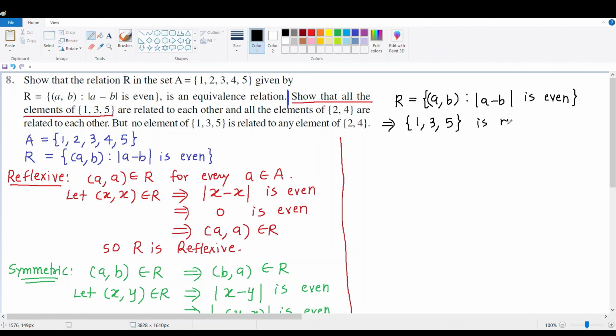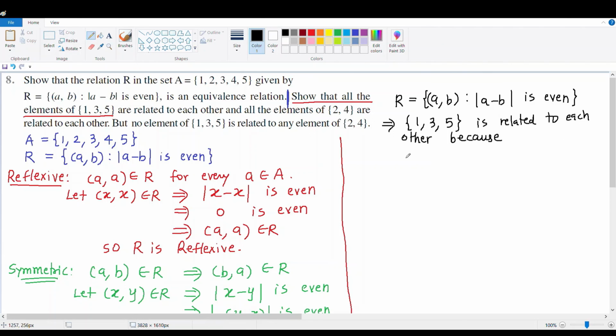And why is it related to each other? Because of the difference of odd, see 1, 3, 5 all are odd numbers. So the difference of 3 and 1, or difference of 5 and 3, or difference of 5 and 1, or even the other way around, because we are given the absolute sign. So the other way around, they are all going to be even.